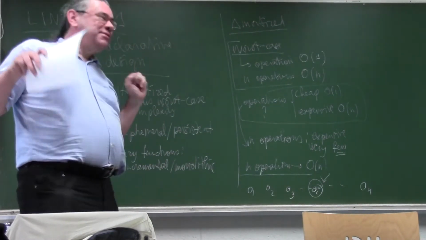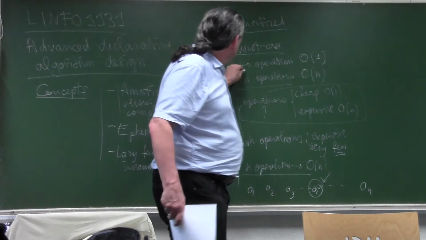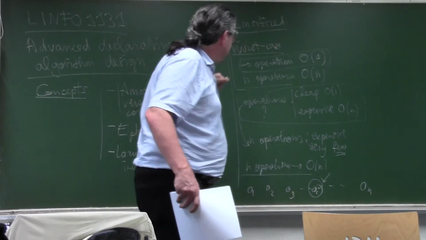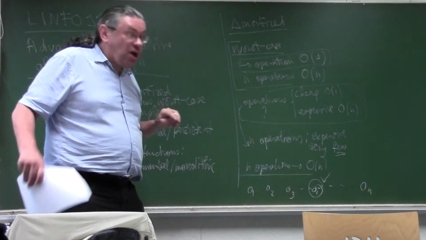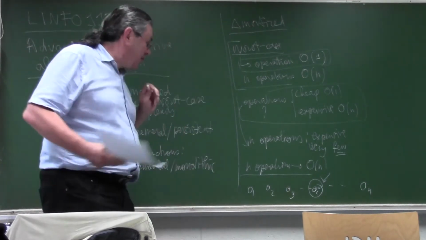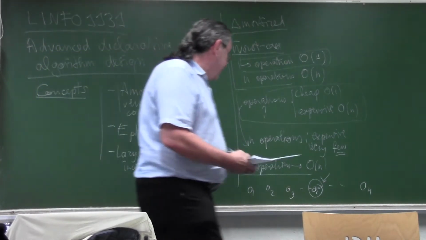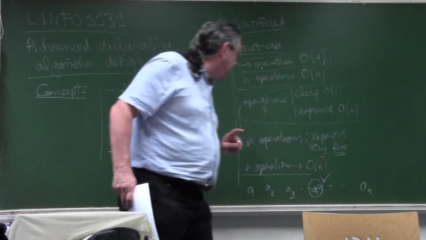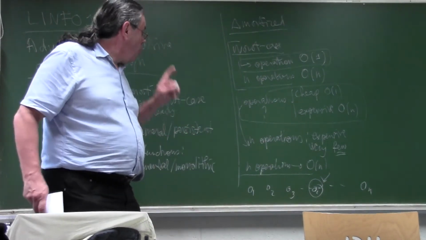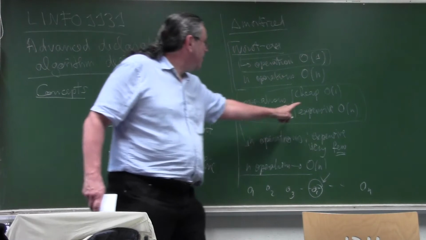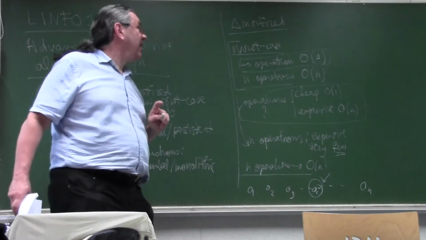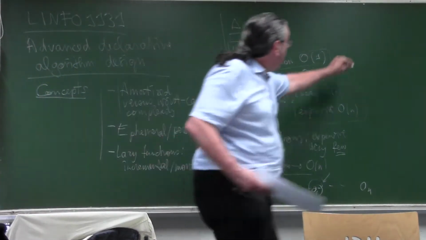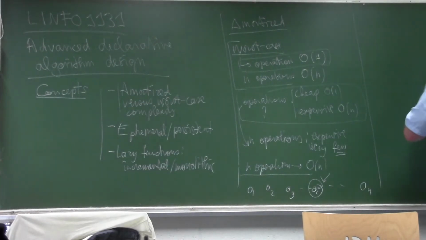That's almost as good as worst case order 1, because on average it's still order of 1. So n operations are order n, even though one operation could still be expensive. This is called amortized complexity.